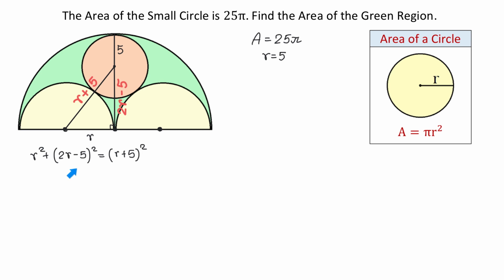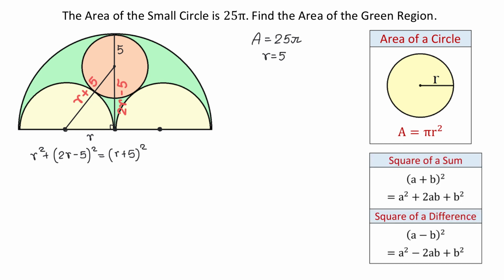First we will need to remove these parentheses, and for this we will need the formulas for the square of a sum and the square of a difference. Here we have the formulas, and the first one is (a plus b) squared equals a squared plus 2ab plus b squared, and the second one, (a minus b) squared, is a squared minus 2ab plus b squared. So let's apply them.